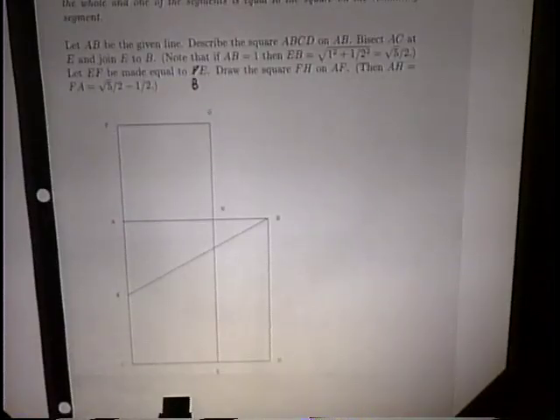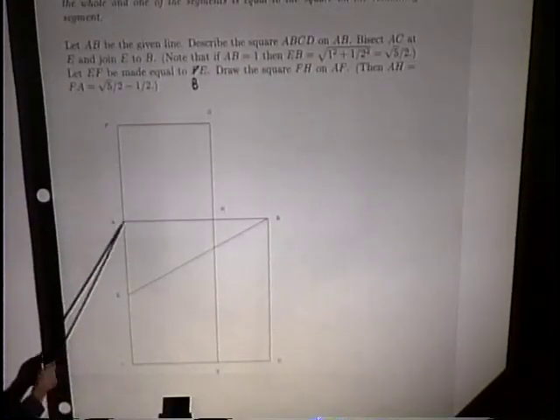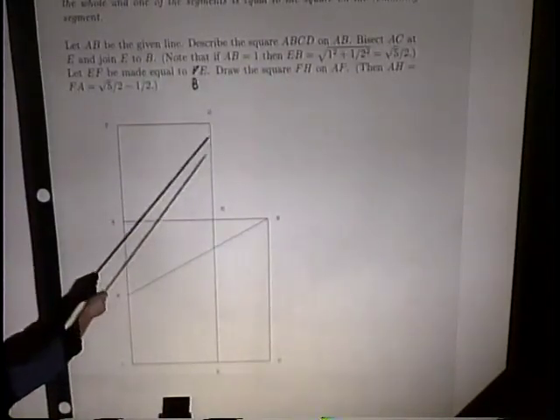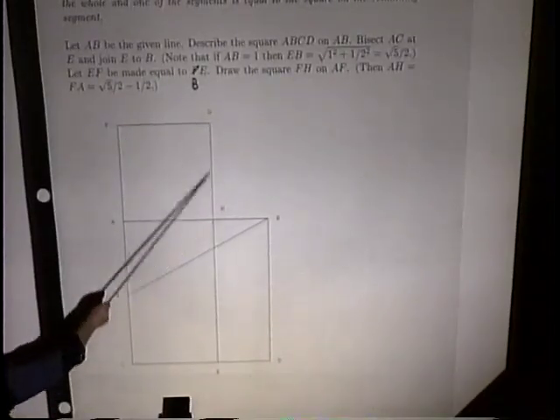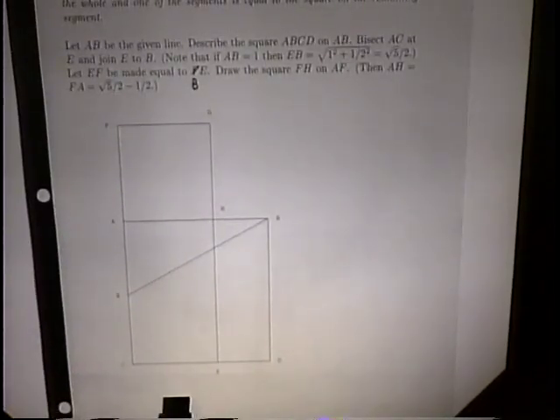And then I draw this square on FA. So the square FH stands for the whole square. I draw that square on AF. And then AH is obviously equal to FA, which is the square root of 5 over 2 minus this, which is 1/2 the side. So it's the square root of 5 over 2 minus a half.